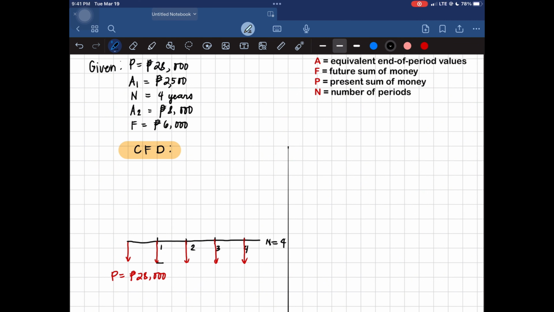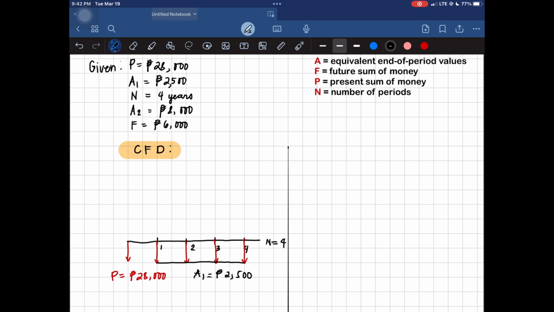Here I will put a horizontal line as a representation of our annuity or our equivalent end of period values or our uniform series of amount, which is 2,500 pesos each year for 4 years.